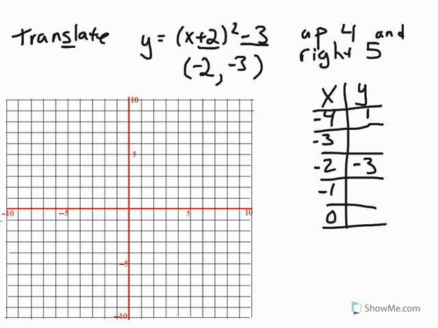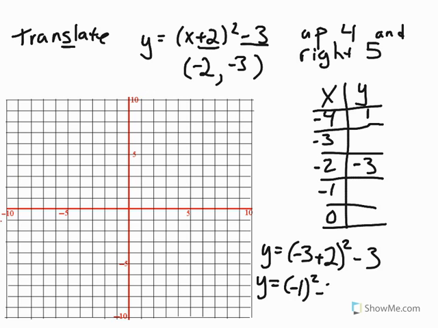Now I'm going to plug my negative 3 in. So I get y equals negative 3 plus 2 squared minus 3. And negative 3 plus 2 is negative 1. So I have negative 1 squared minus 3. And negative 1 squared is 1. Minus 3 is negative 2.